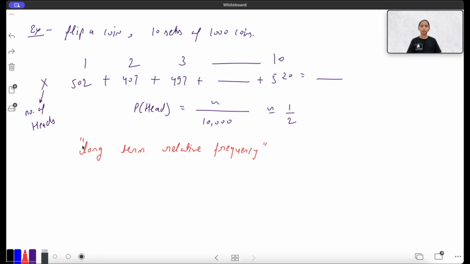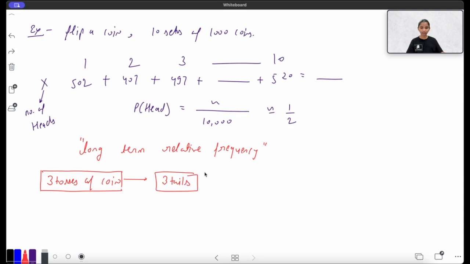Now, in this scenario, let's try to consider an example. Let me consider another page, or maybe just here. Let's say we have 3 tosses. We are doing 3 tosses of a coin, and we are getting 3 tails.